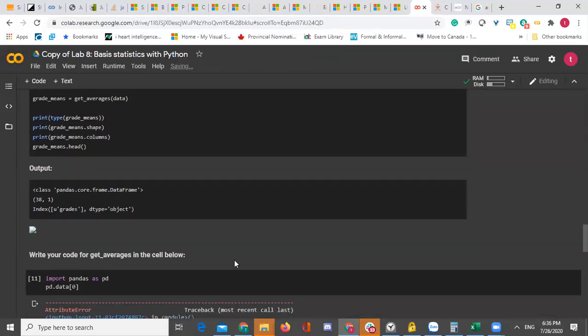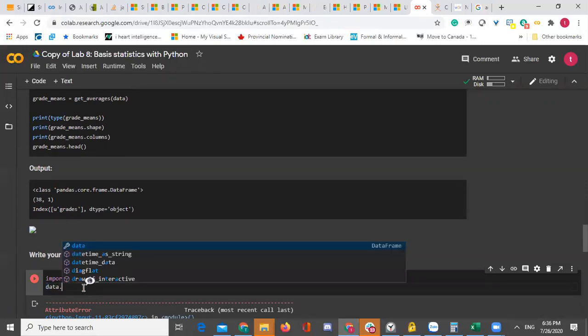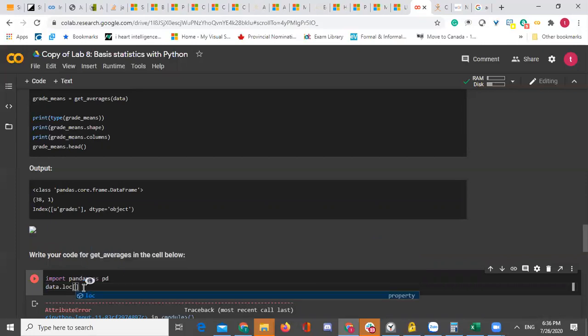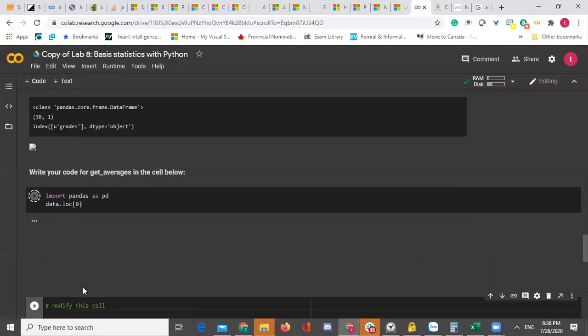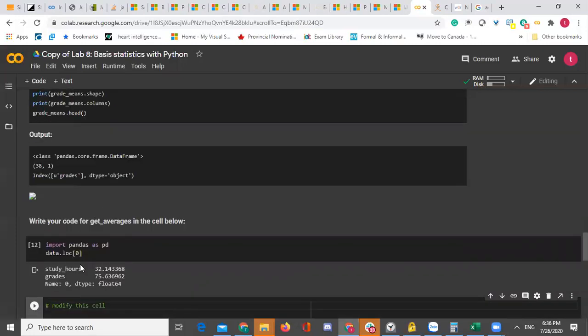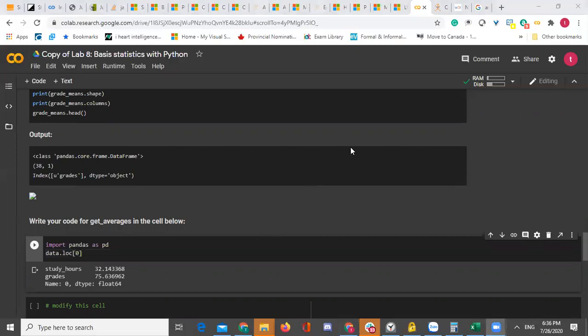So you make data dot iloc square bracket. Remove the pd. Yes, square bracket. I sent you the syntax in the chat. Okay, sure, that could be easier. Oh, that's right. Oh, yes.